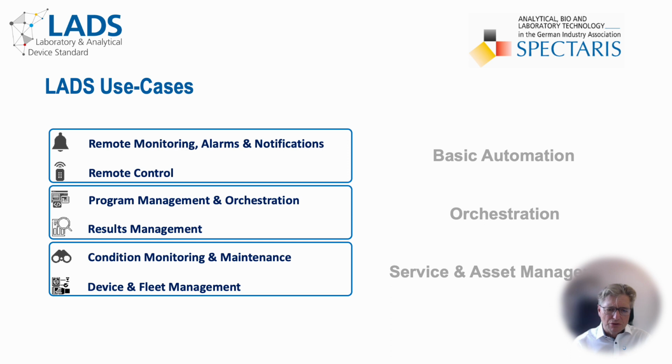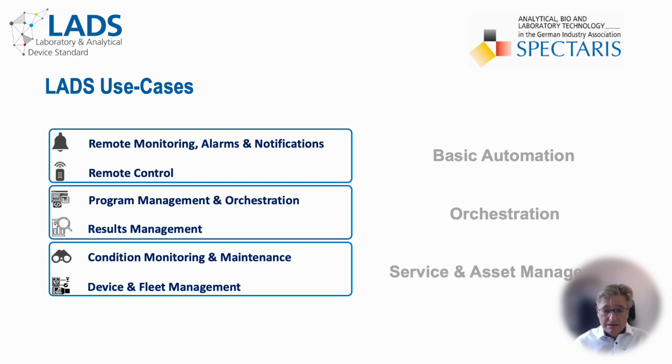Second, program management and orchestration. You can list program templates, select and execute programs, monitor their progress, and handle result data generated by devices, especially analyzers. These use cases are essential for orchestrating instruments along workflows. Third, asset management use cases, covering condition monitoring, maintenance, service, calibration, validation, and many more.